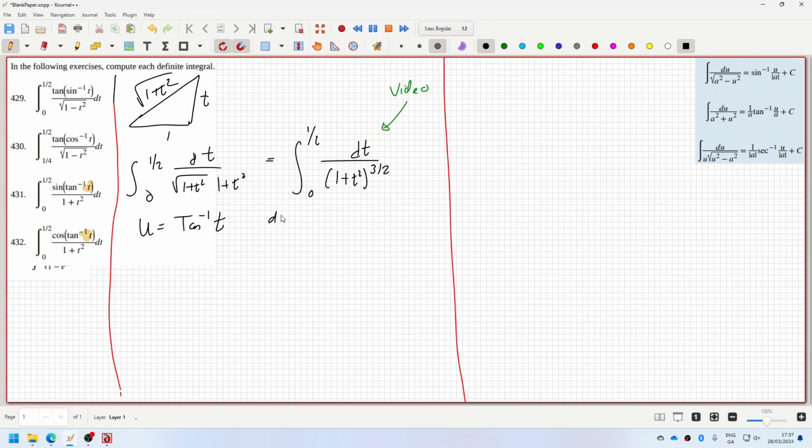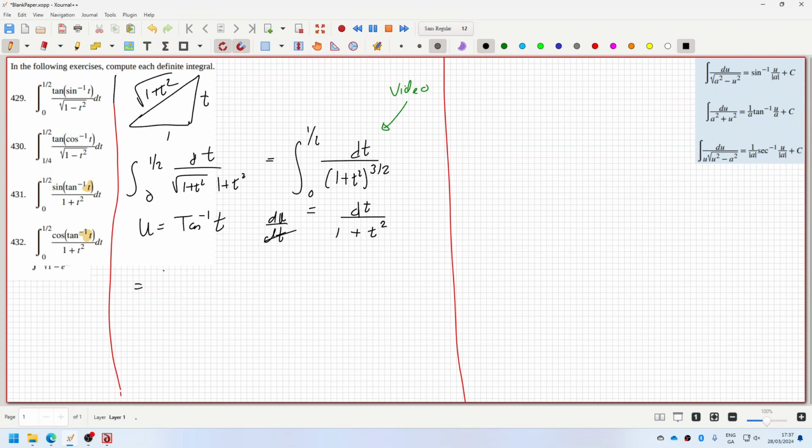Because that means du dt would be 1 over 1 plus t squared. So that means du is equal to that dt.